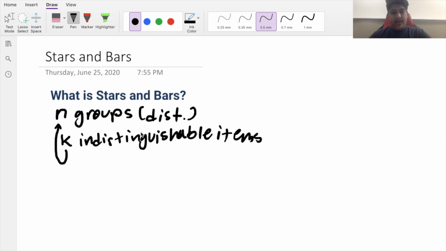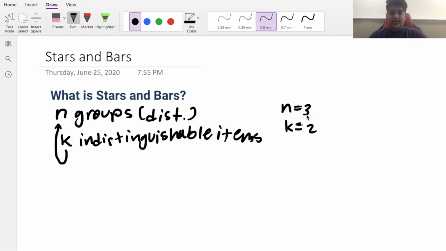So we have n groups, okay? Let's just say we have n equals 3, and we have k items, so let's just say k equals 2. So we can derive this formula by looking at a problem.